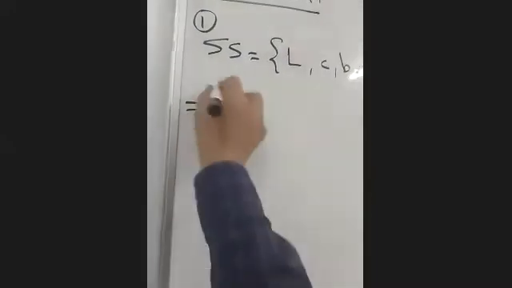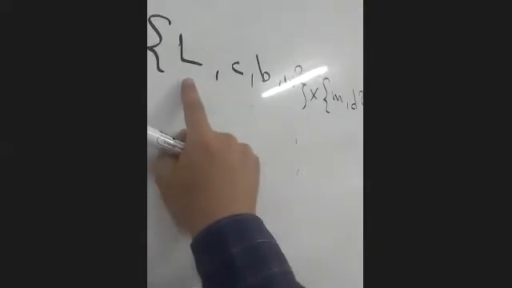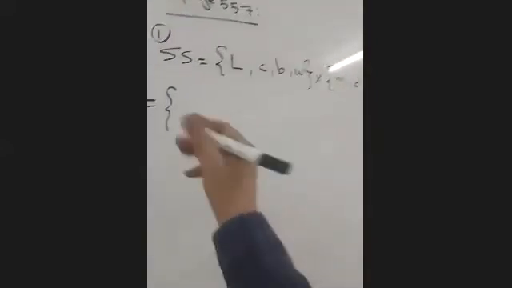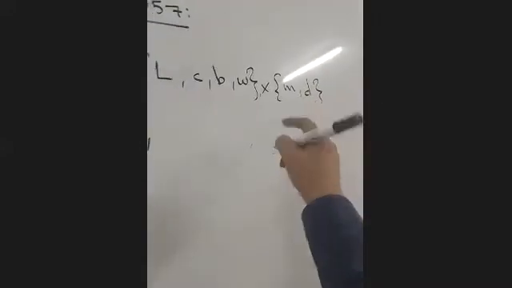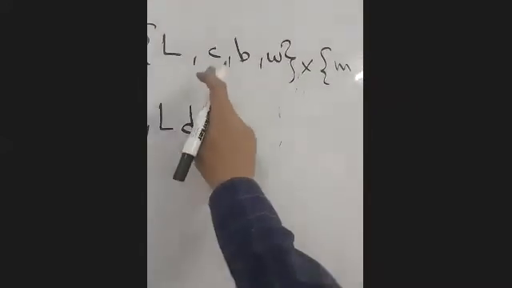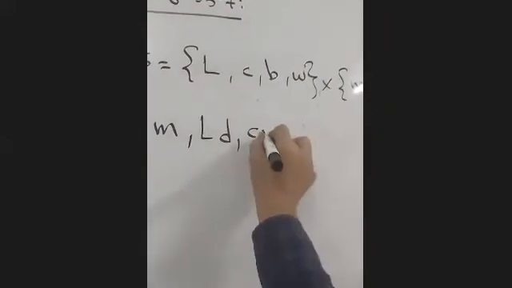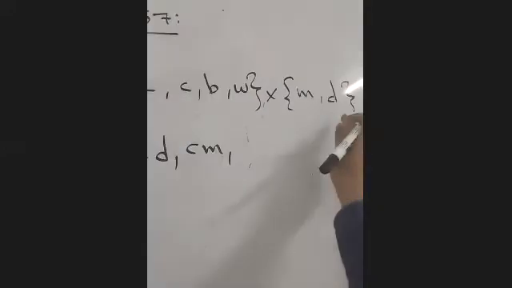Let's find them together. We start with the first outcome here and pass through all the outcomes in the other set. So LM and LD, right? Then we are done with L. I will go to the C, which is cherry. C with M, CM, and C with D, right, Yazan? Yes.